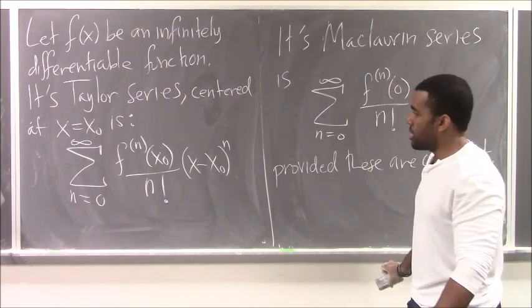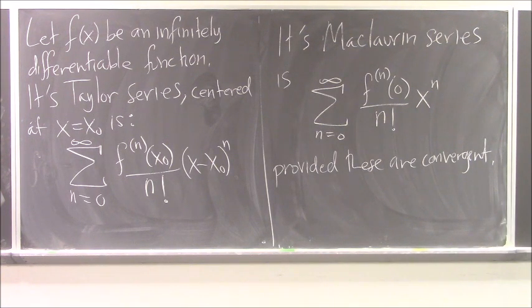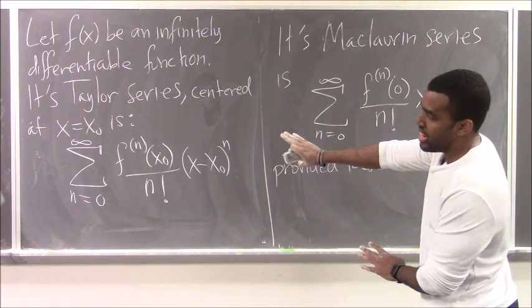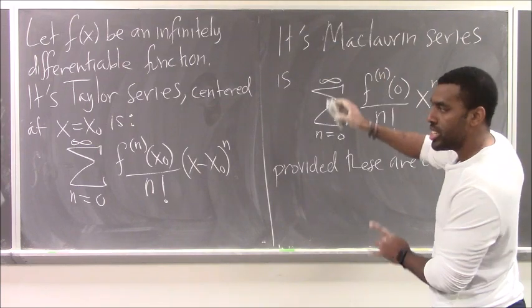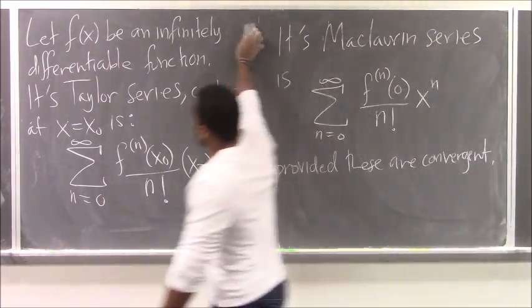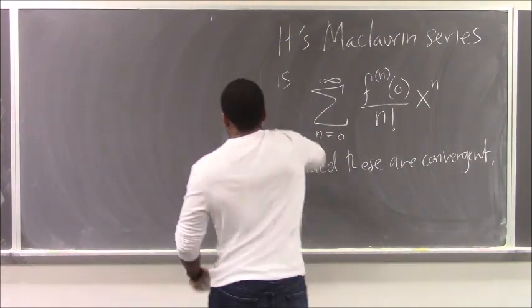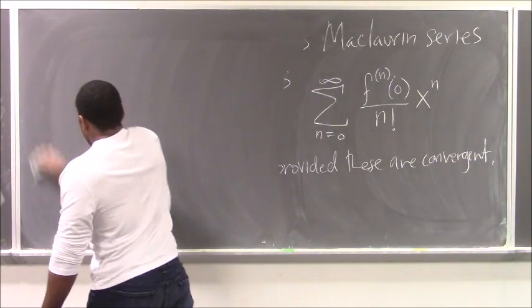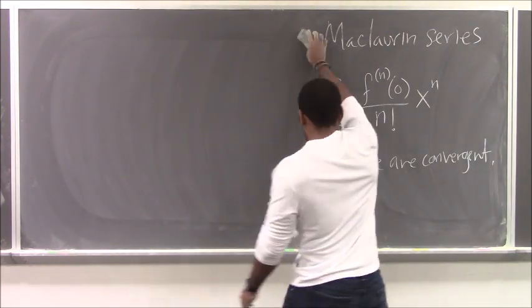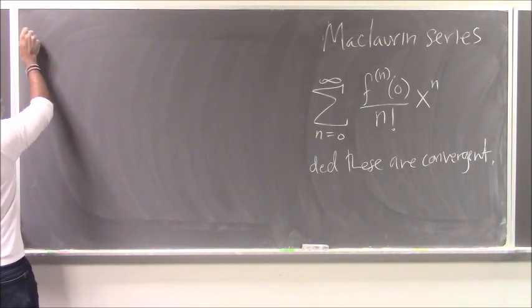But one thing I do want you guys to consider here, let me just get out of your way, make sure you take a snapshot or copy this. At this point, let's not worry about whether these make sense or not. I want you to actually calculate some Taylor series for some functions. So this is how we're going to start the next class. Compute the Taylor series for these. Examples.